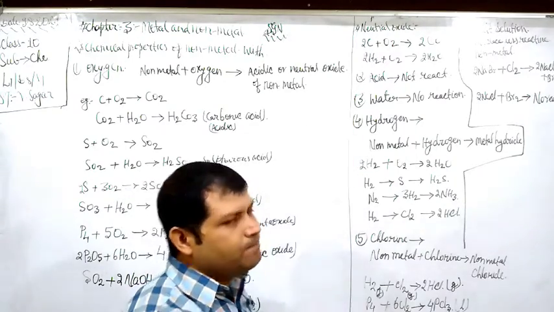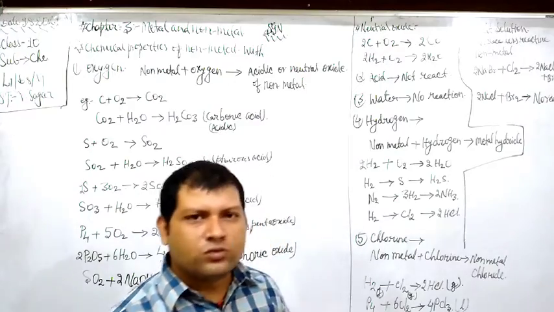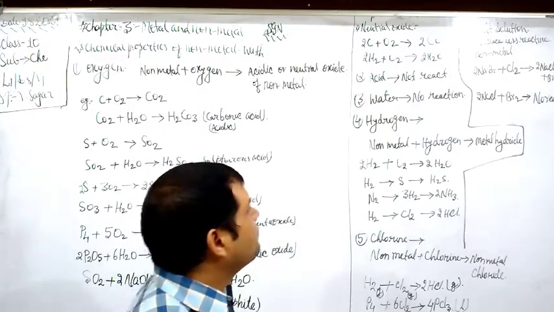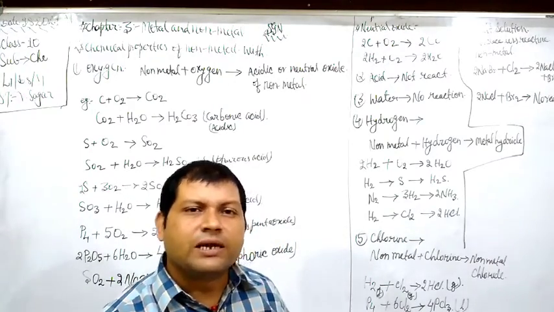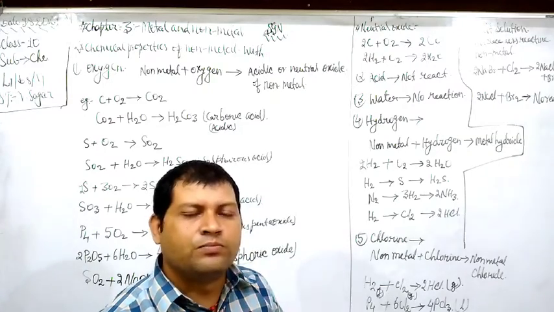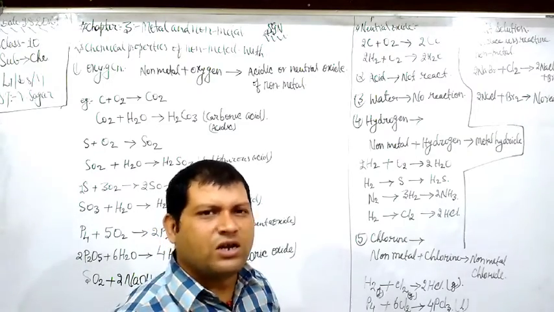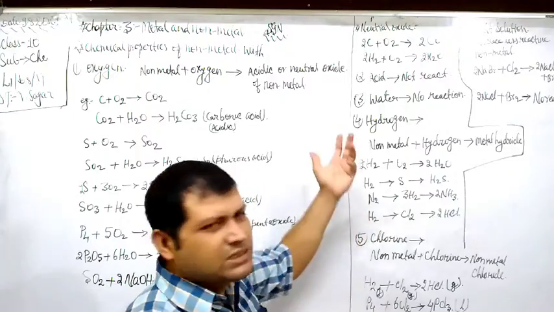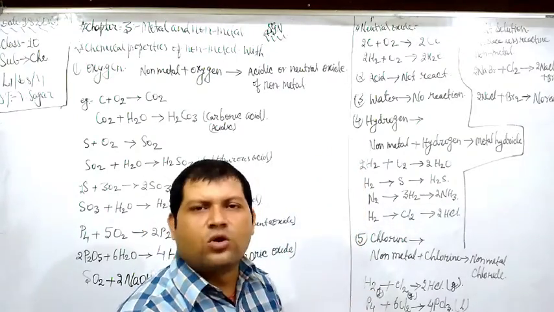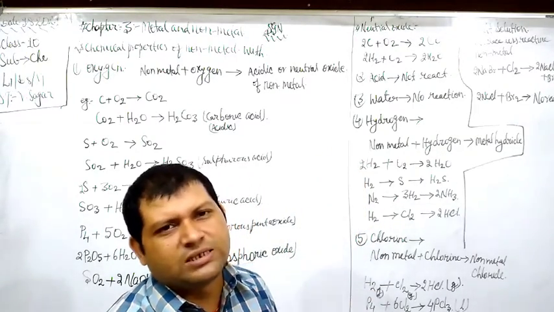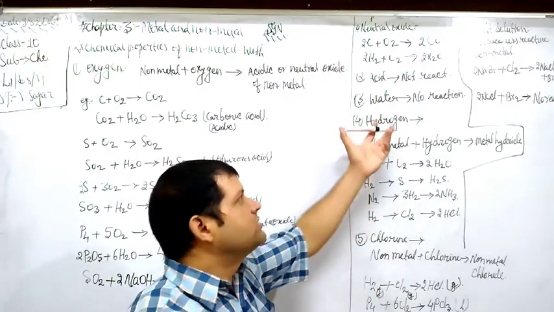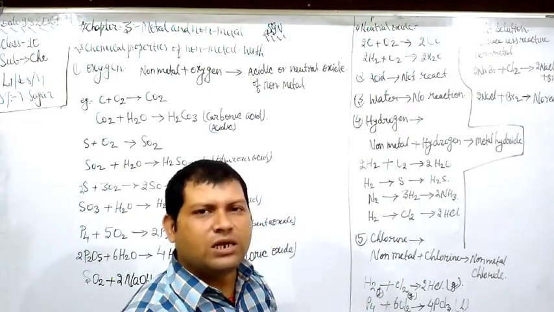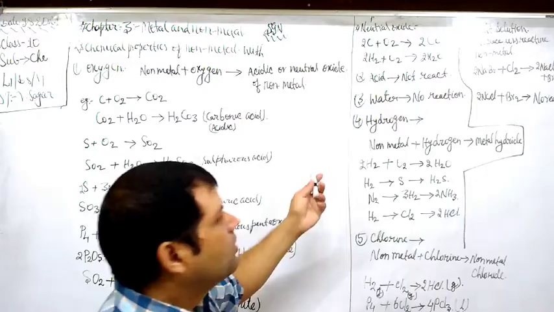And when hydrogen reacts with oxygen, then the formation of water takes place, and pure water is also neutral in nature. So this is neither acidic nor basic in nature. So we can say that this type of compound is neutral in nature.